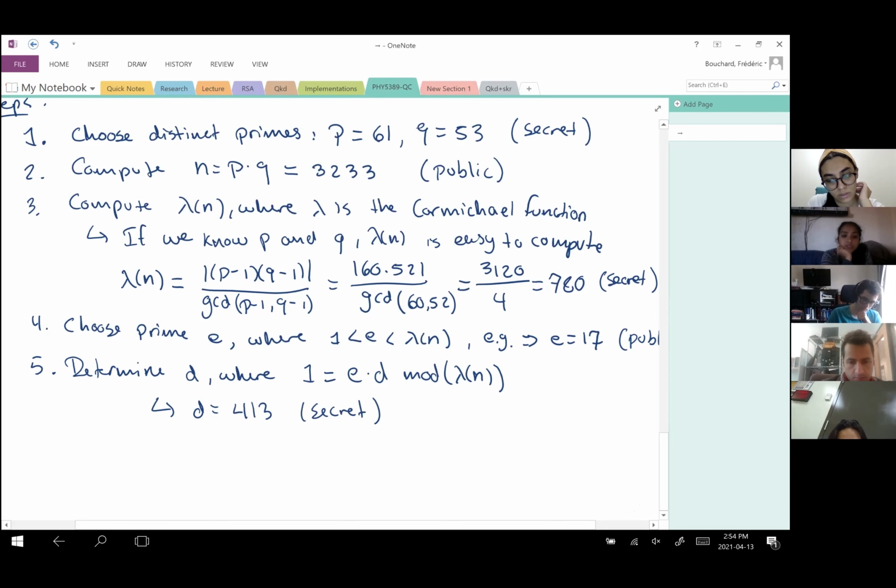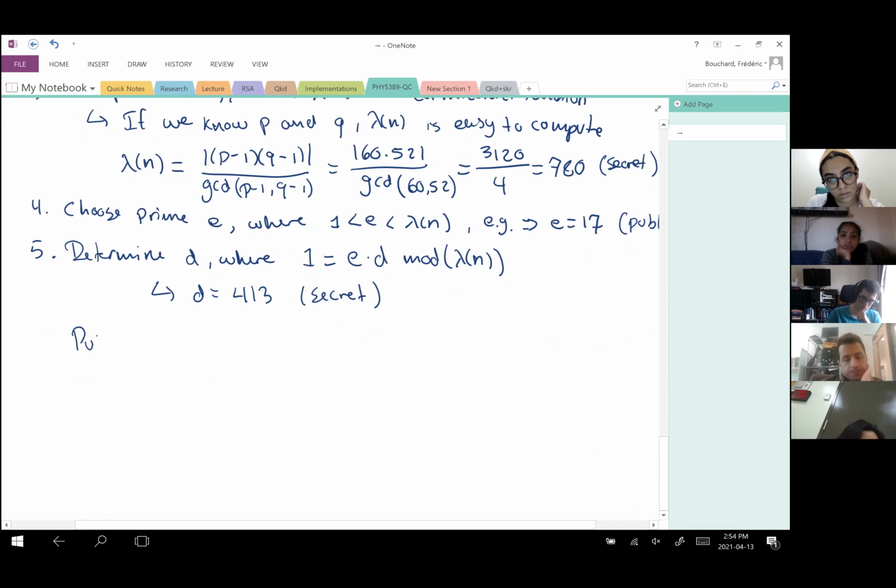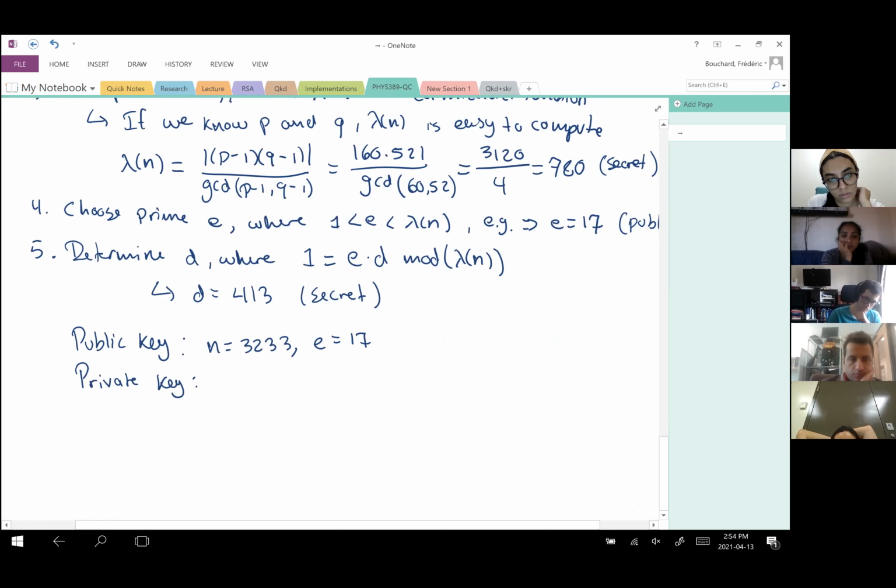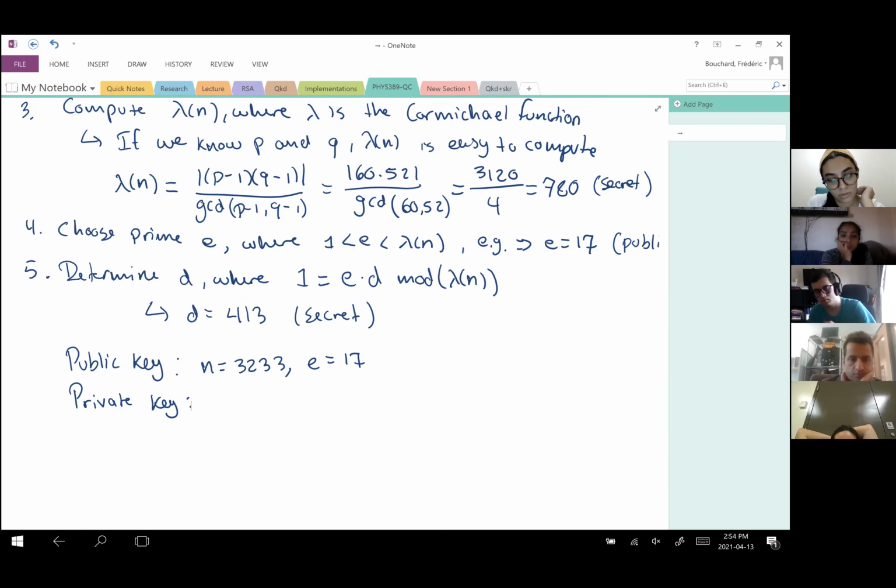Just to sum up, your public key is n and 17. The private key is, well, technically, private key will be p, q, lambda of n, and d, but actually all the information of p, q, and lambda of n is all incorporated in d, so all you really need is d.